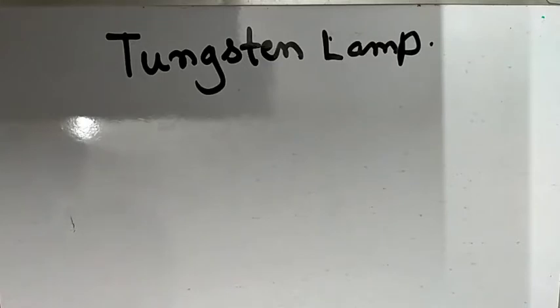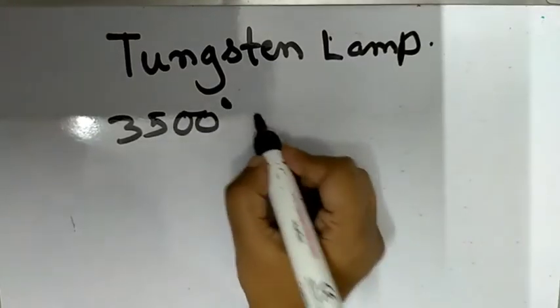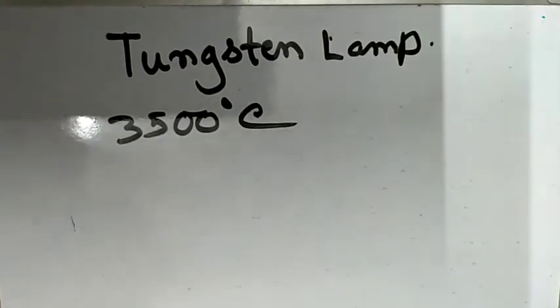Even though it is not possible to realize a perfect black body, the materials used for lamp filament approach it very closely. Now tungsten with its melting point at 3500 degrees centigrade is now universally adopted as a material for incandescent lamp. The safe working temperature of such a filament is 3000 degrees centigrade.